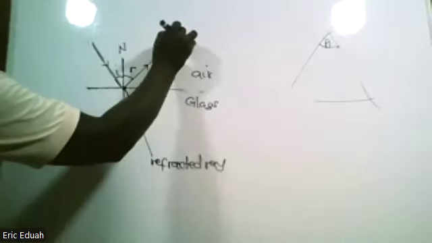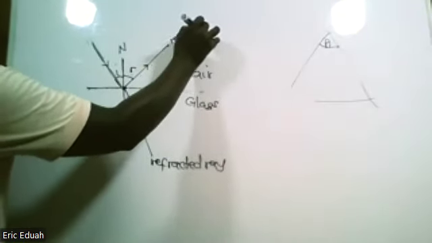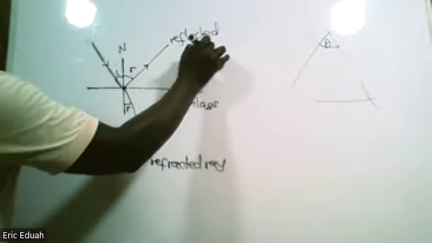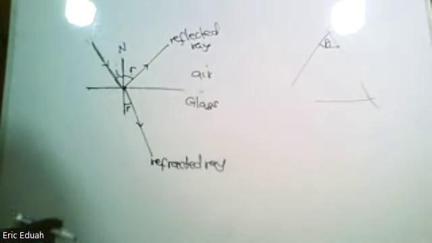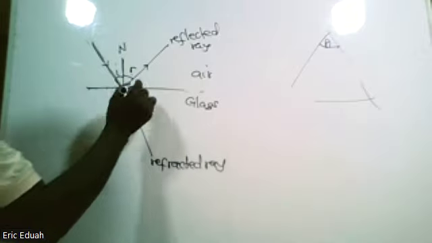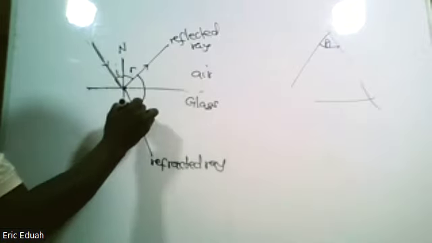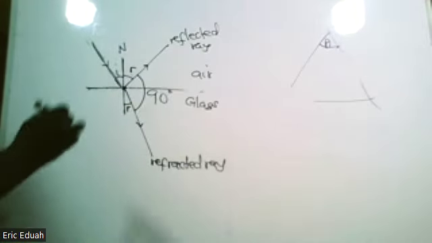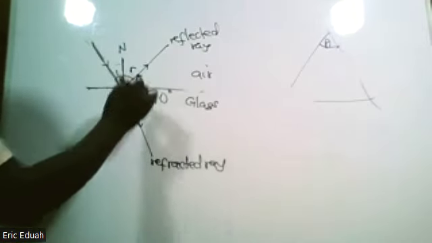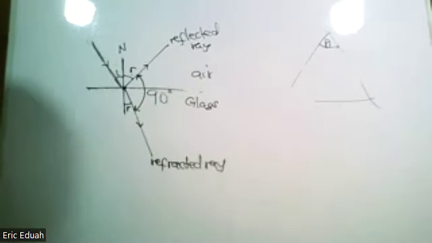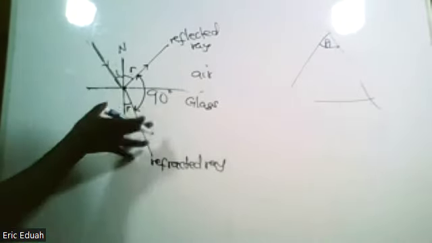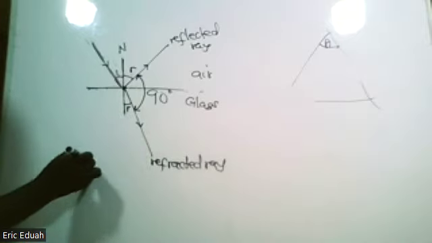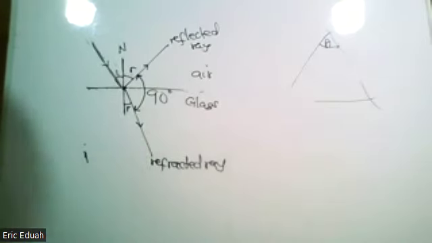This is the reflected ray. And we are told that the angle between the reflected and the refracted ray is 90. That's all. So we use this idea to find the angle of incidence i.